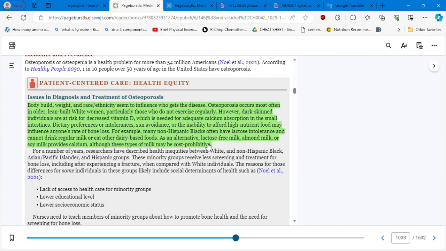As an alternative, lactose-free milk, almond milk, or soy milk provides calcium, although these types of milk may be cost-prohibitive. Yes, there are some markets in which these products are being sold and they are not as expensive.